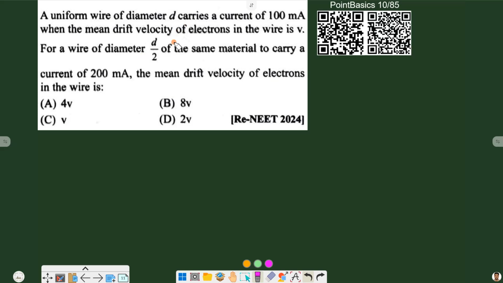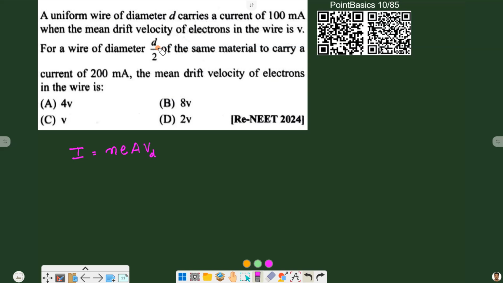Now here we have to use the relation between current, drift velocity and area, and that we have that I is equal to NEA VD, where I is current, N is the charge carrier density, E is the charge of electron, A is the area, and V is the drift velocity.